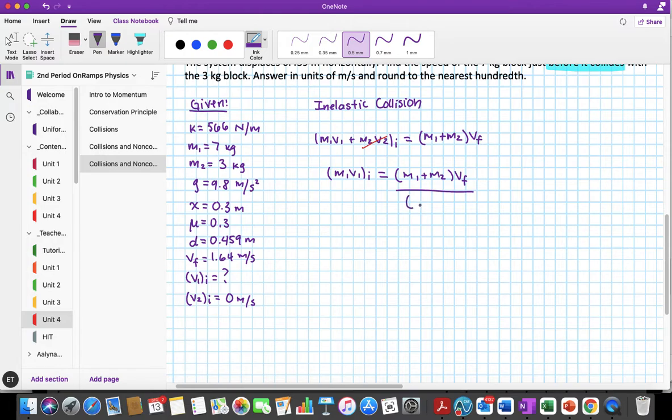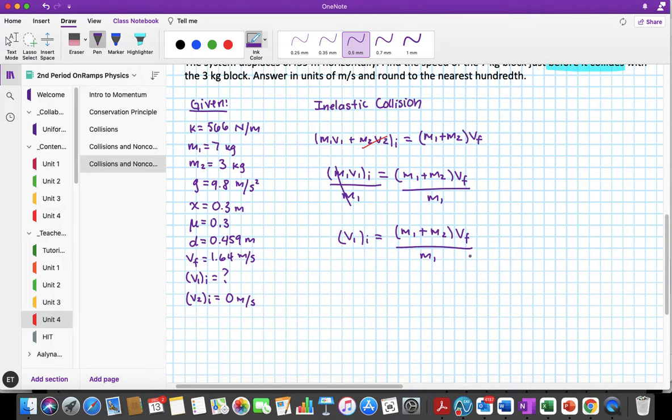So we divide by, oh, wait, no. It was over here, right? We divide by mass 1. This cancels mass 1, so we have velocity 1 initial before the collision equals the sum of the masses times the final velocity divided by mass 1.